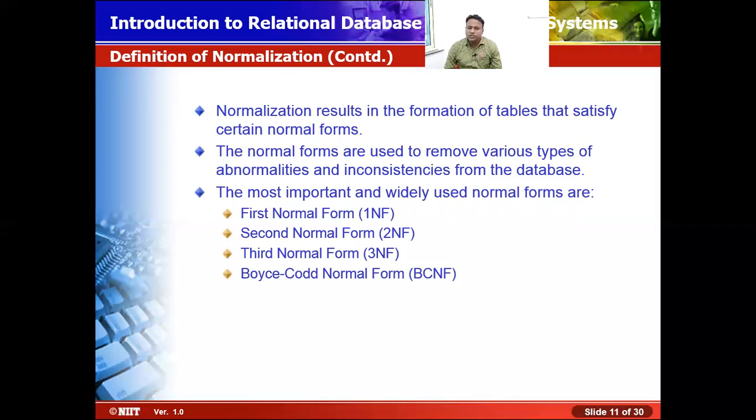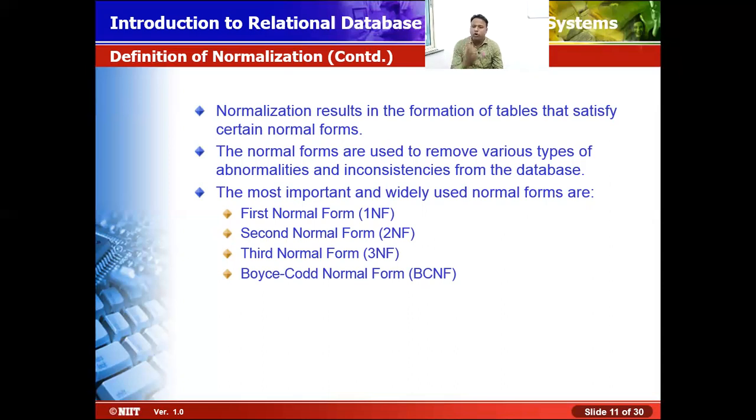Normalization results in the information of tables that satisfy certain normal forms. Normal forms are used to remove various types of abnormality, like first normal form, second normal form, third normal form, Boyce-Codd normal form. Normalization is a rule which is applied to remove the various kinds of abnormality.